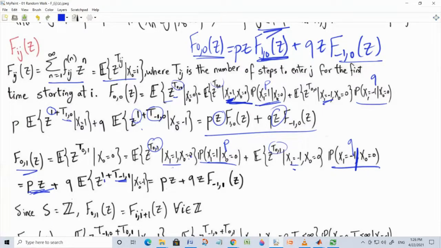You can show these things a bit rigorously, perhaps by studying the f probabilities. But I don't think it's difficult to see that f01 of z is actually fi, i plus 1 of z. Is there any fundamental difference between going from 0 to 1 or going from i to i plus 1 and entering into i plus 1 for the first time?